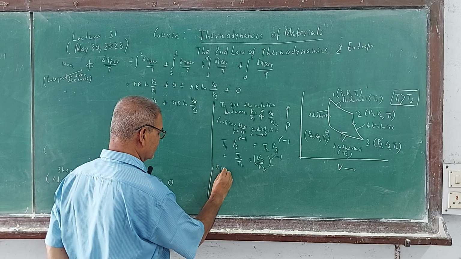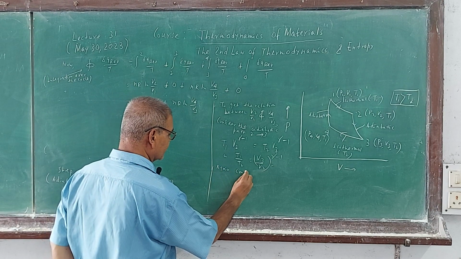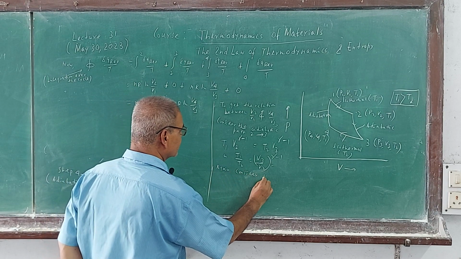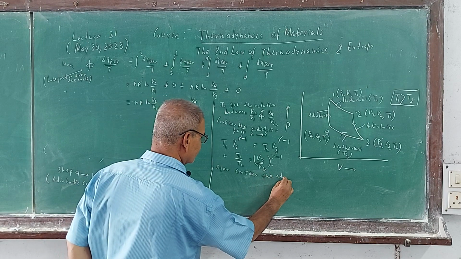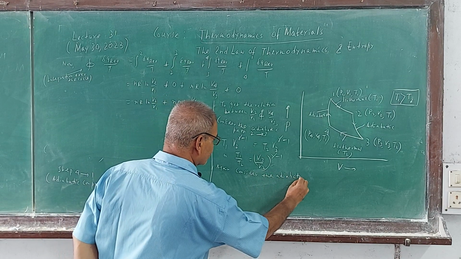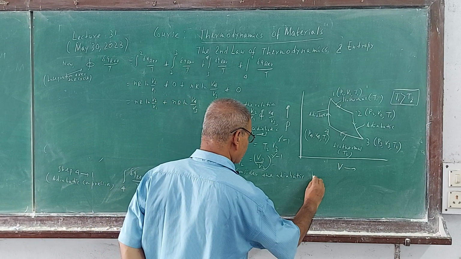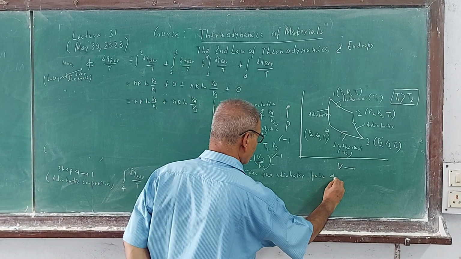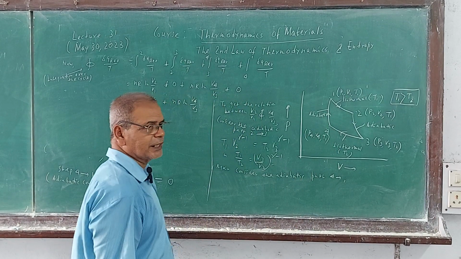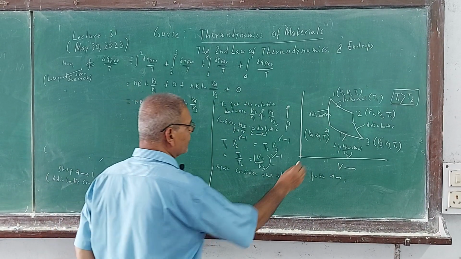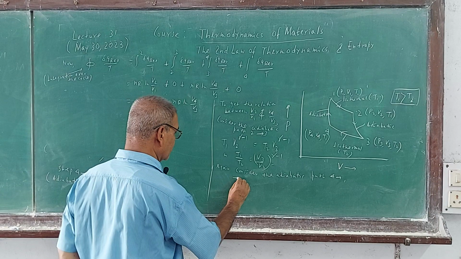Again consider the other adiabatic, the adiabatic path 4 to 1. Another adiabatic. What do you get again? Apply T V to the power gamma minus 1.